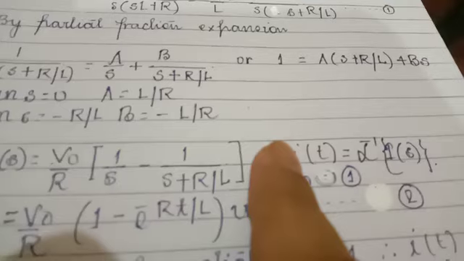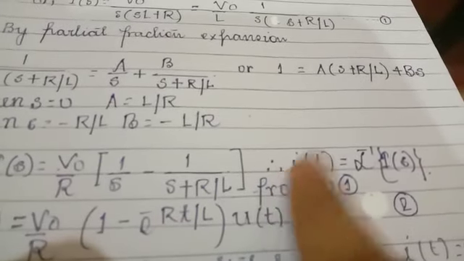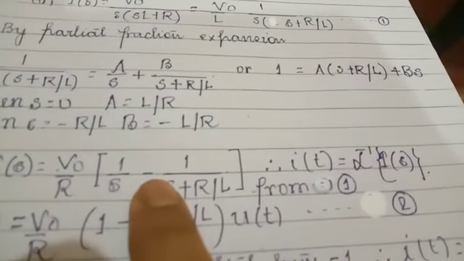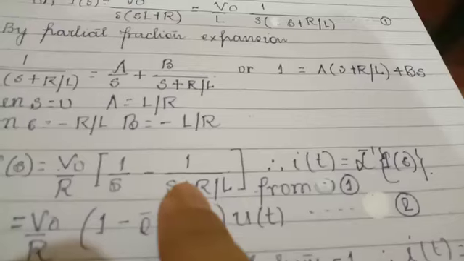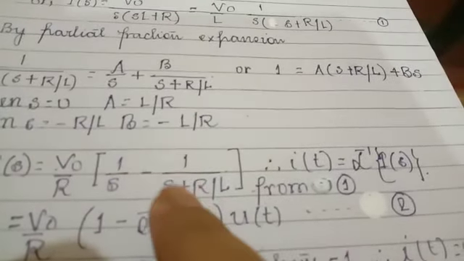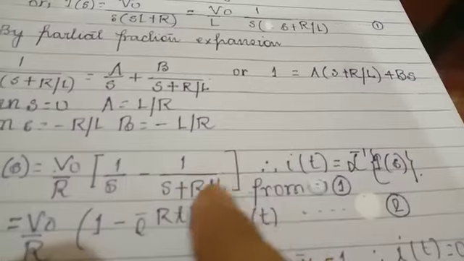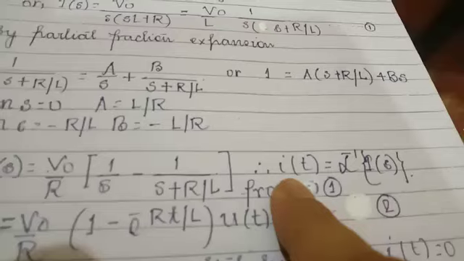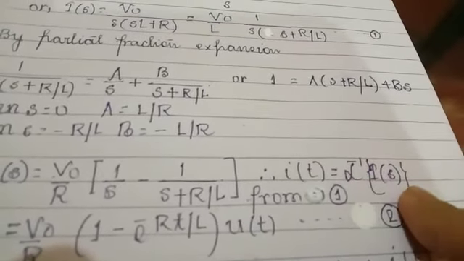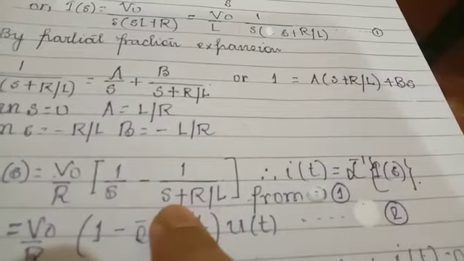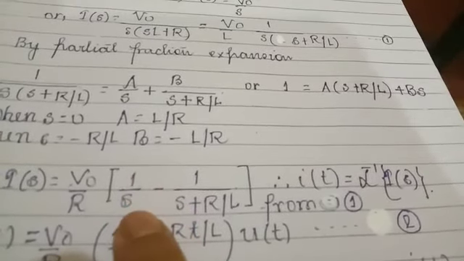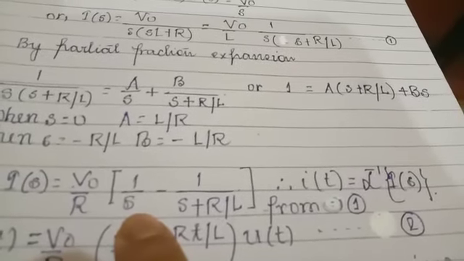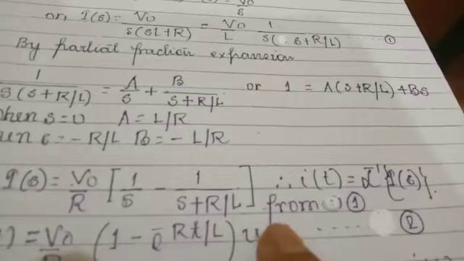Each factor is a Laplace transform of a certain time function, and by remembering those formulas, we can simply express it by taking the inverse Laplace transform of Is. That means, what is 1 by S? 1 by S is the Laplace transform of u(t).